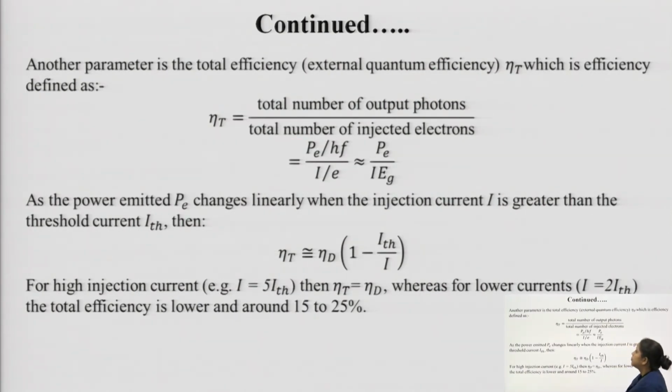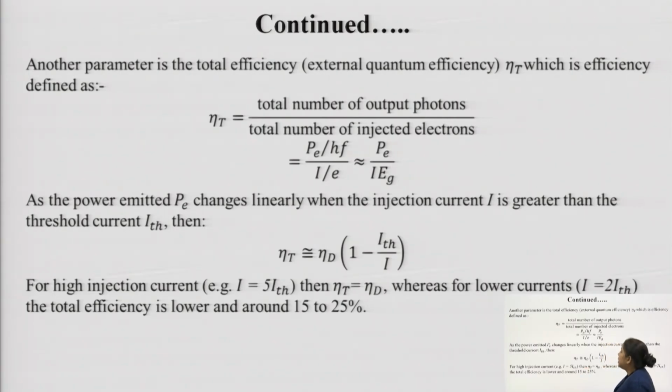Another parameter for defining the efficiency of an injection laser is the total efficiency ηT, which is given by the total number of output photons upon the total number of injected electrons, which is given by this. Don't be confused between the external and the total, because external is the differential one and this is the complete one.